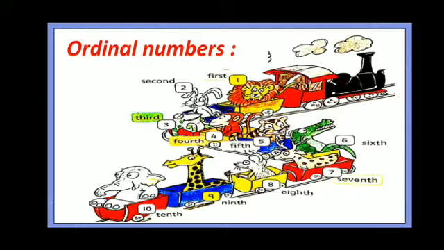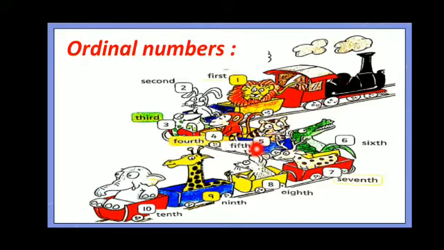Let's arrange them in the correct order. Who is in first position? Look at the lion. Lion is in the first ordinal position. Then rabbit is in second position. Frog is in third position. Monkey is in fourth position.